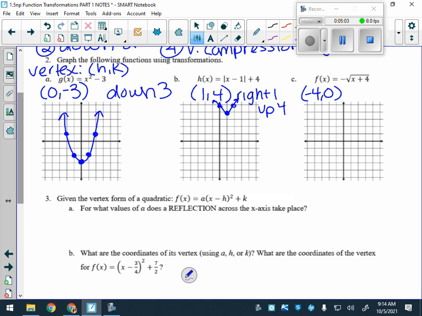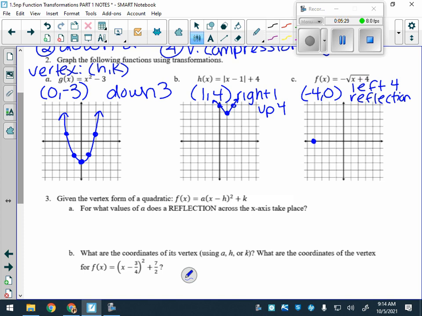Okay, and that's also our HK. What transformations happened? What is 1, James? Good. Left 4. And Jason, what's another? It's a reflection. So this one I saw a lot of corrections on something similar, okay?